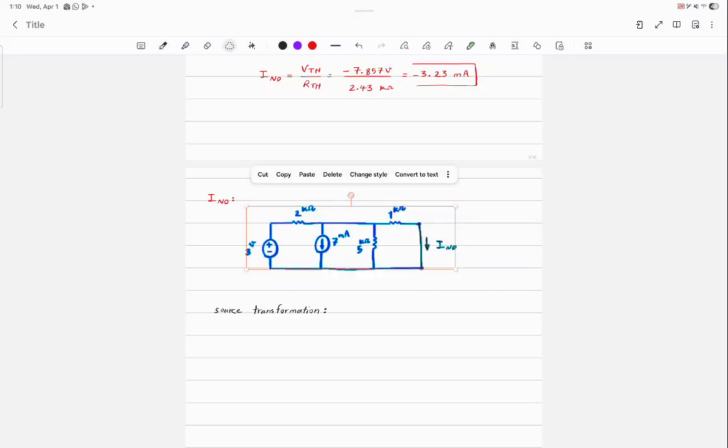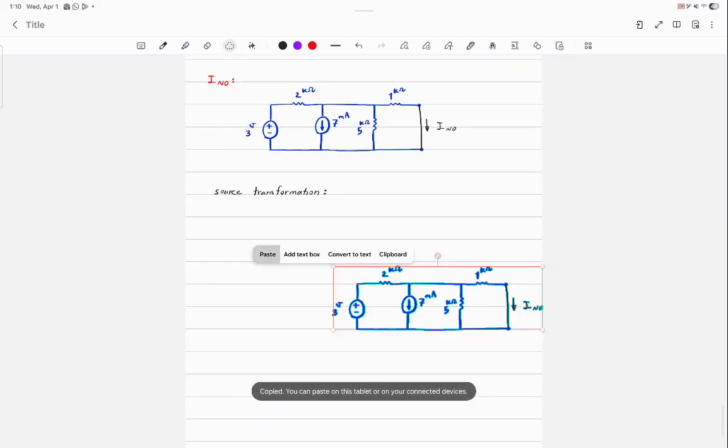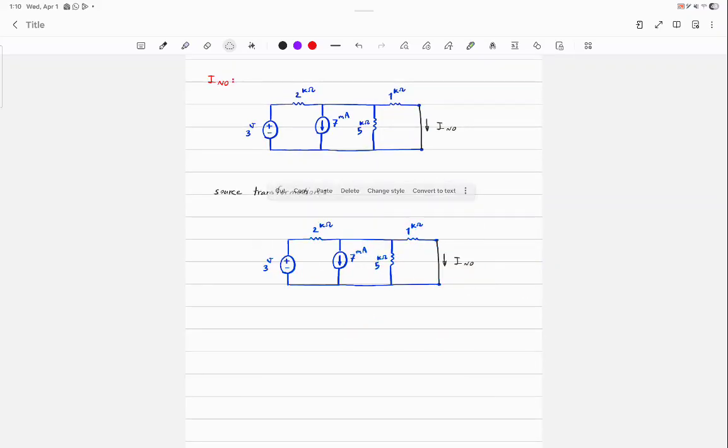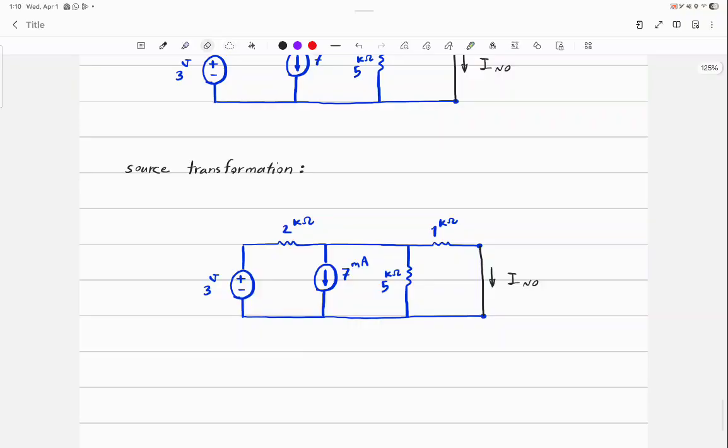So this is my guy. I'm going to remove this, and I'm going to change it to a resistor in parallel with a current source.